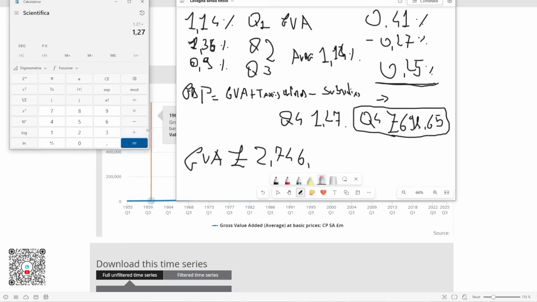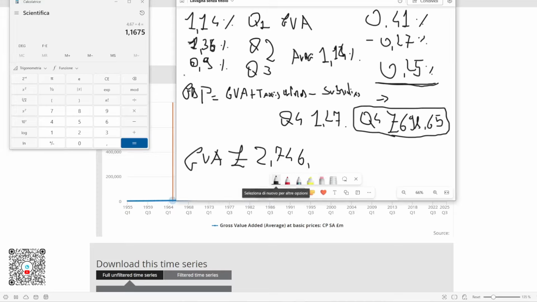So we do quarter on quarter: 1.27 plus 0.9, my bad, plus 1.36 plus 1.14. I have to sum all the quarters divided by 4, and I get to an average growth of 1.16, 1.17. So let's do some order.